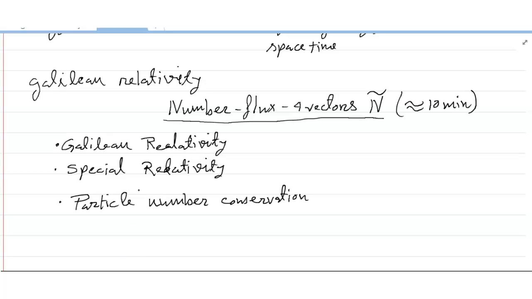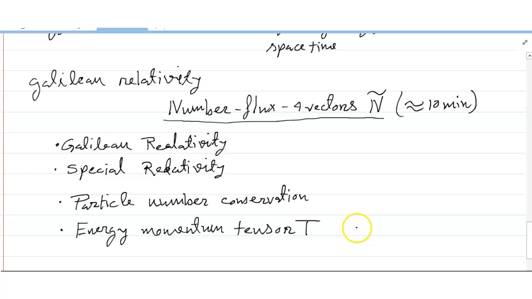Next is the energy momentum tensor. We will see how we can use it to describe conservation laws of energy and momentum in space. So the energy momentum tensor T relates to energy momentum conservation.